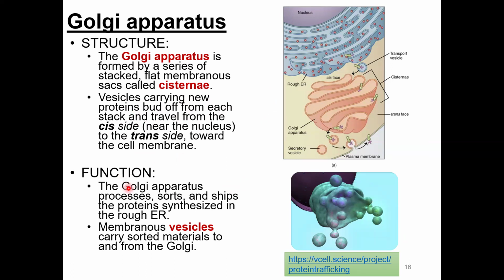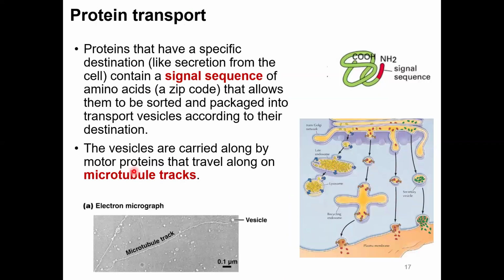What the Golgi apparatus does is process, sort, and ship proteins synthesized within the rough ER, and membranous vesicles from the Golgi apparatus carry the sorted material from the Golgi to wherever it is supposed to be.